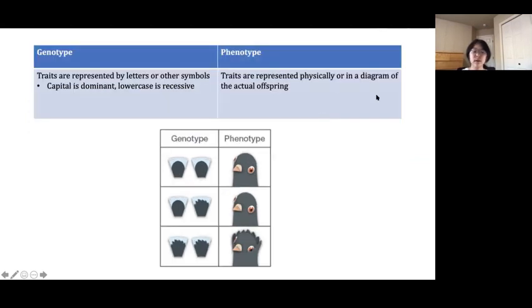All right, so why do we use these letters? We use these letters to type out the genotype, which is traits represented by letters or other symbols. So in our genotype example below, for the first example, both parents have no crest.